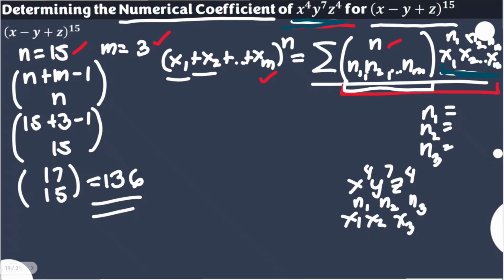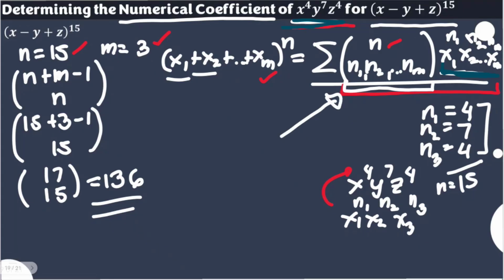We would know that our n sub 1 is actually equal to 4. Our n sub 2 is 7, and our n sub 3 is actually 4. We also know that this is really part of the expansion because when you add all of this, it will be equal to n, which is our 15, which is our n originally. So with this in mind, we have now identified the correct n sub 1, n sub 2, and n sub 3. Hence, simply look into this as the result for your numerical coefficient.